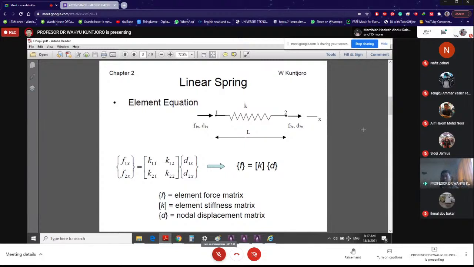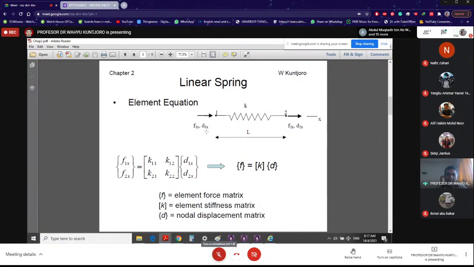Please observe that we specify here x-axis positive to the right, and the equation is F equal to KD. You got two forces F, two displacements D, which means that we have 2 degrees of freedom over here.